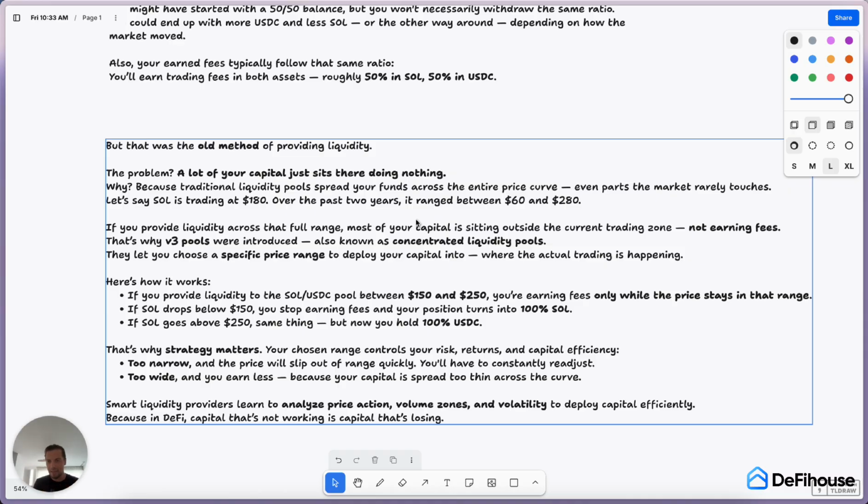I will explain this in great detail in the next video, but basically it could mean impermanent loss, right? Because if Solana is rising massively, for example, it's now at 180, you had the range 150 to 250, it broke above 250, you now have 100% in USDC, and Solana is continuously going up.